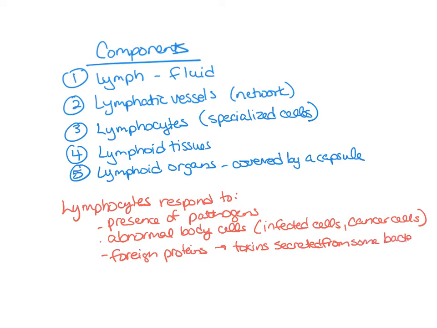So like bacteria. Not only do they respond to the pathogens, and pathogens can be bacteria or viruses or parasites, they can be any of these things, but they can also respond to the toxins that are being secreted by those bacteria. So when the lymphocytes respond, we call this the immune response.